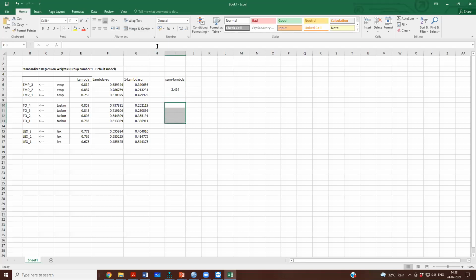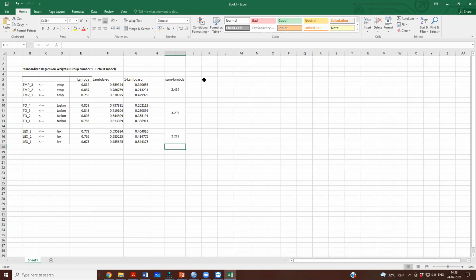Similarly, for task orientation, it is going to be the sum of these lambdas. And then for LEA, it is going to be again the sum of these three lambdas. Okay, so this gives us sum of lambda.